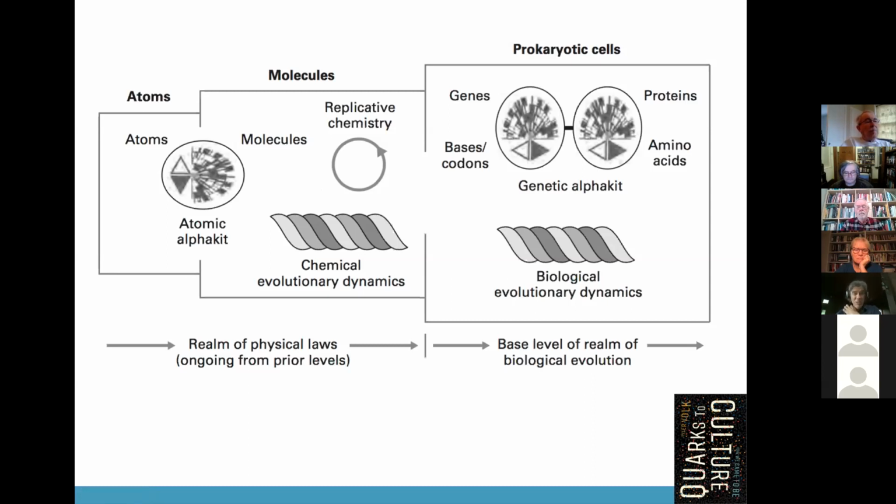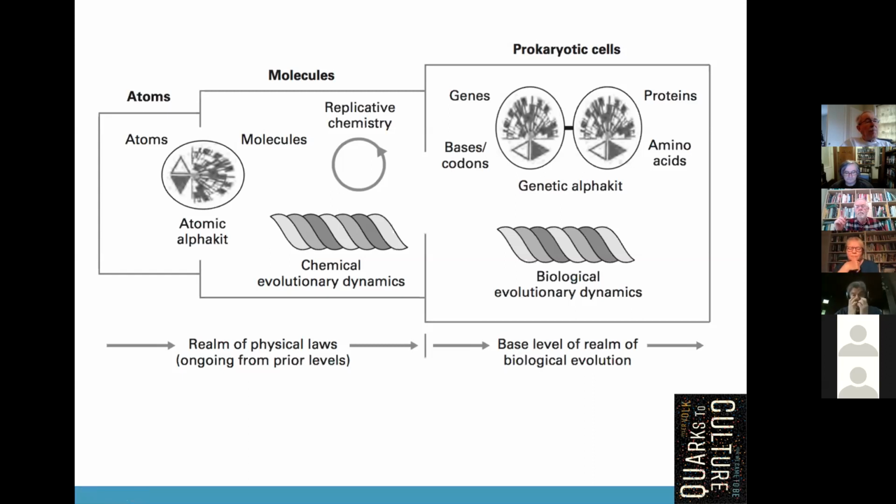We don't understand all about the origin of life, but the molecules' relationships in systems with each other got so rich that molecules could sort of self-make each other, and eventually what came out, we don't understand this yet, was an alpha kit that I'm calling a genetic alpha kit, but it's actually two alpha kits together.